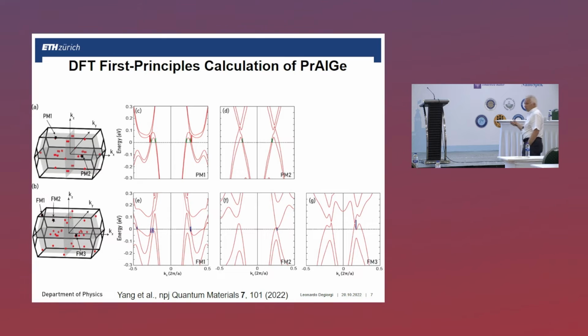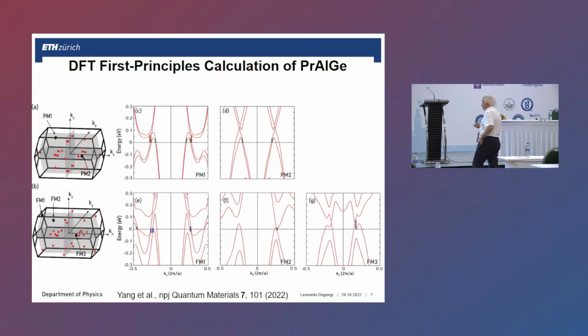And here I don't have time to go into too many technicalities or details, but I would like to emphasize something that you may observe by yourself looking at this calculation, namely that in the ferromagnetic state, the band structure develops some kind of asymmetry between the negative and the positive direction in reciprocal space, with respect to the fully symmetric situation in the paramagnetic state itself. And this is going to have important consequences in the temperature dependence of the occupation function, which then determines the interband transitions in the charge dynamics.